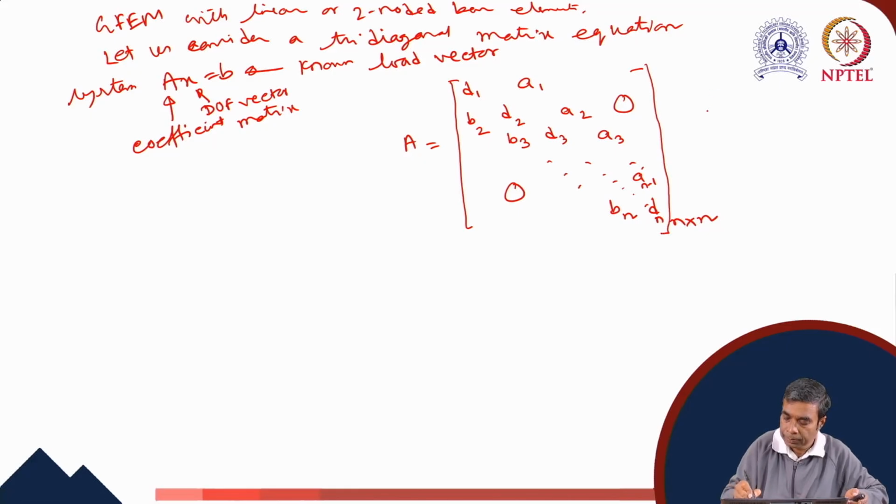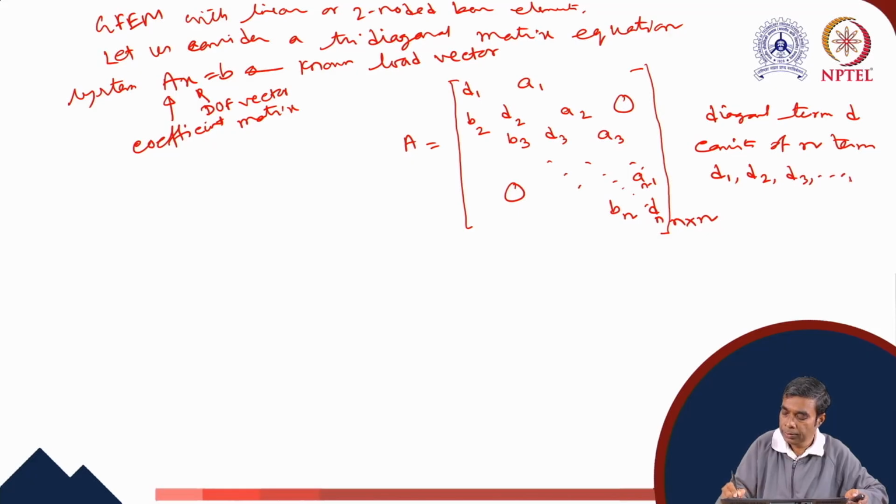So the diagonal terms D consist of n terms D1, D2, D3 up to Dn.